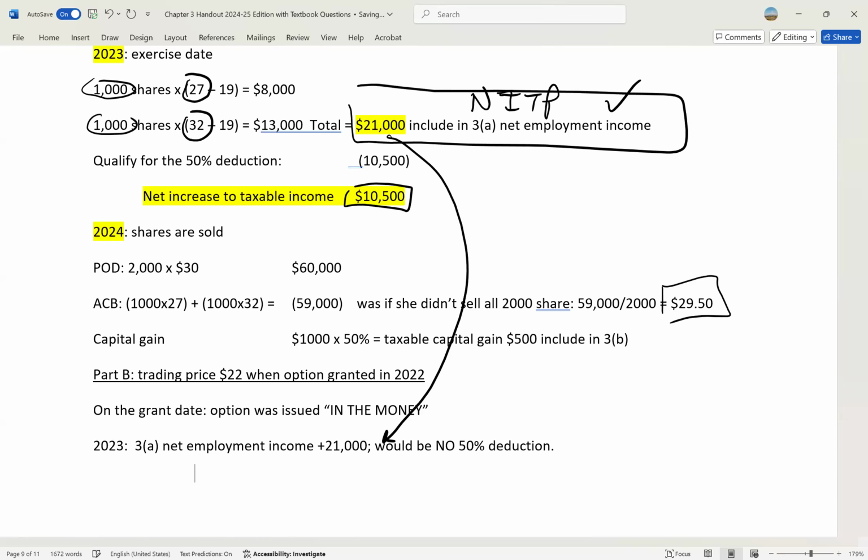So both her net income for tax purposes and taxable income would increase by 21,000, because there's no 50% deduction because the option was issued in the money, or granted in the money. And then the same would apply for 2024. The 3B taxable capital gain would be 500. So there'd be no change in 2024. The only change would be in 2023. Any questions about Part B?